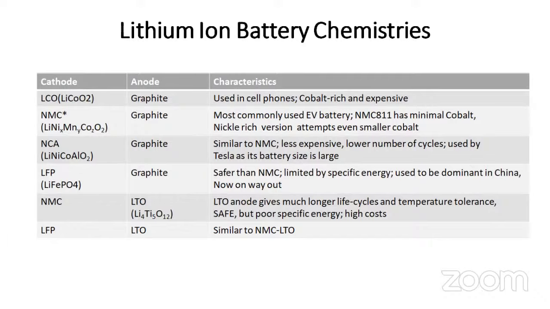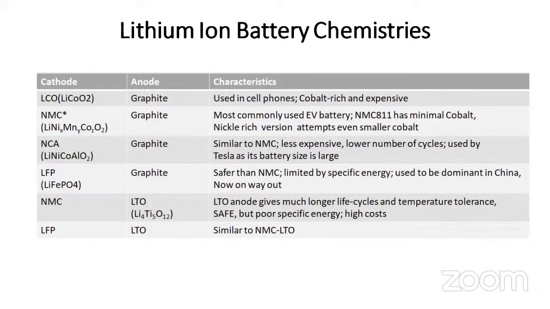If you wish to have a high power cell with a longer life cycle, and you also need a wider operating temperature range for the cell, then you can select the NMC and LTO based chemistry: NMC cathode and LTO anode.